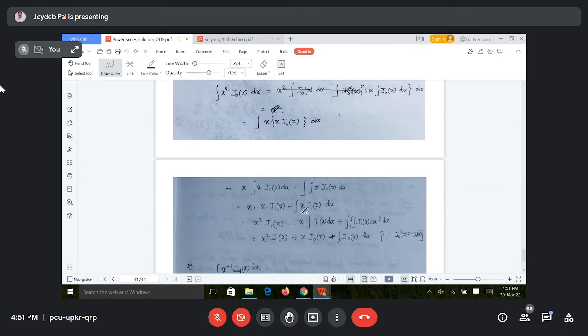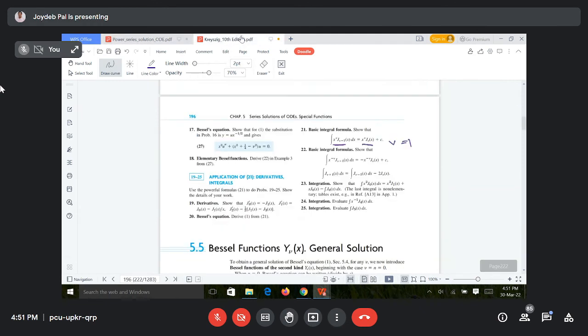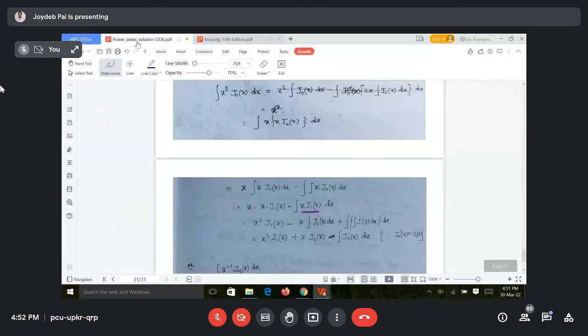Now x into J1, is there any formula for it? For any particular value of nu, can you get the integration of x into J1? If you take nu 1, then x into J naught, x squared into J1, they are right. If you take nu equal to 2, it will be x squared into J1, but there is no x into J1.